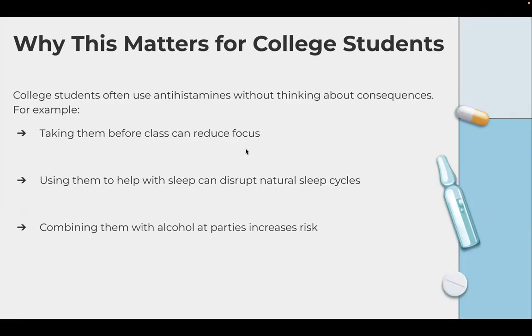Okay, why this matters for college students. To be honest, it really matters for everyone, but since we're presenting this to our classmates, it's worth mentioning why specifically it matters for college students. They tend to use antihistamines without thinking of the consequences, and maybe they just find it trivial, like it's not going to affect them.